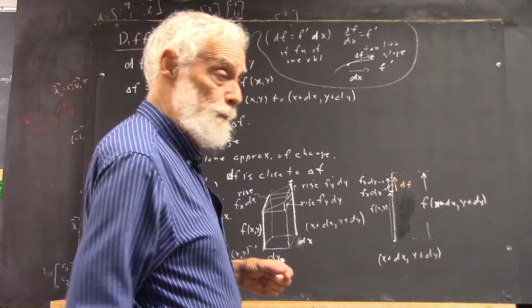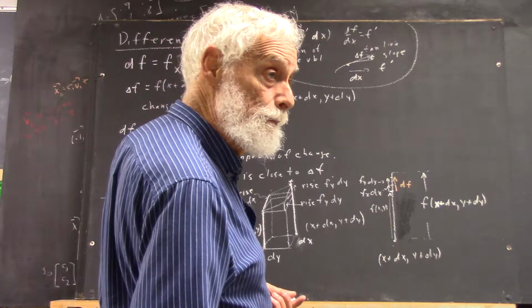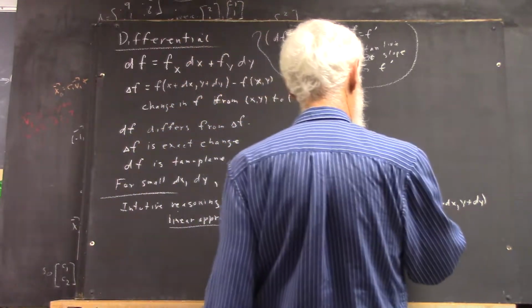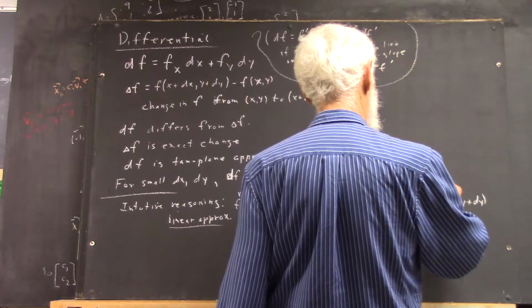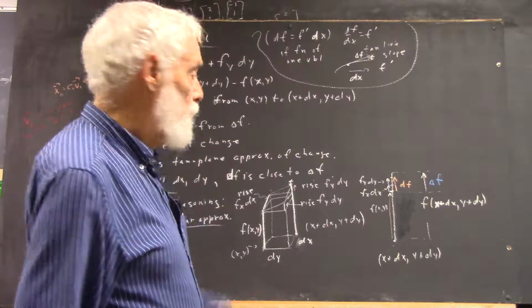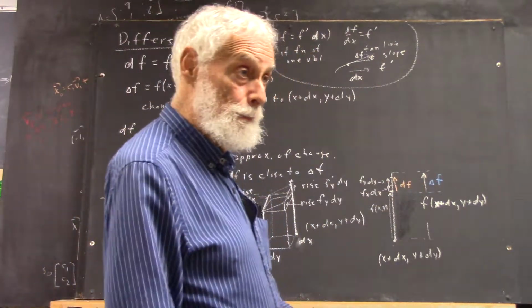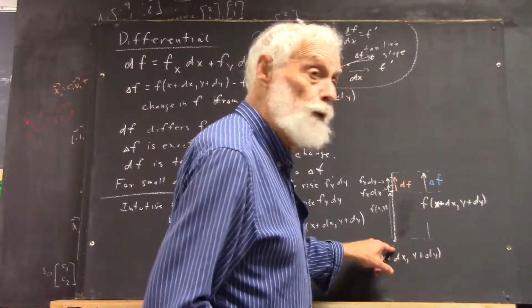Okay? Your delta f, so here's your fx dx, I'm just going to project that across. Here's your delta f. That's the actual change in the value of the function, because this is f at this point, right?